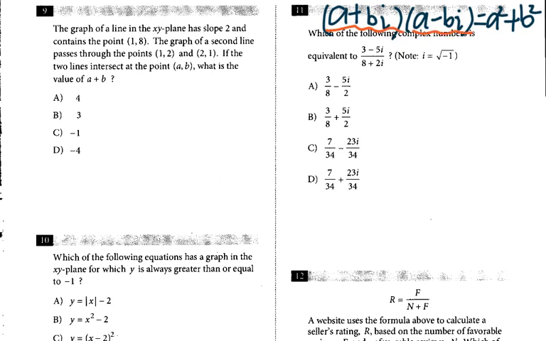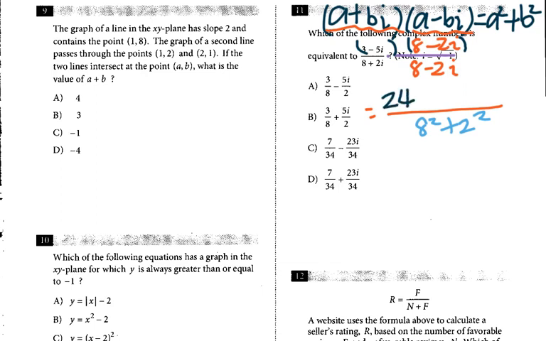And so I just multiply the top and bottom by the conjugate, a minus 2i. For the bottom you will get a squared plus 2 squared. And for the top, I do the FOIL this time. So I will get 24, then minus 6i, minus 40i, then plus 10i squared.